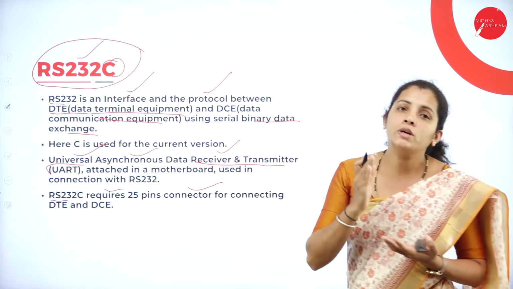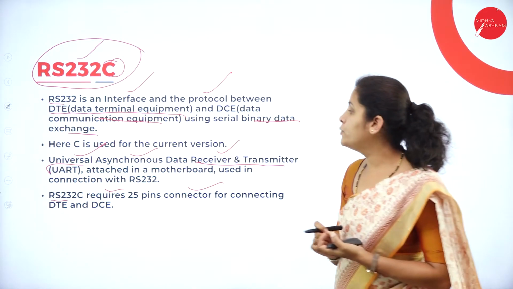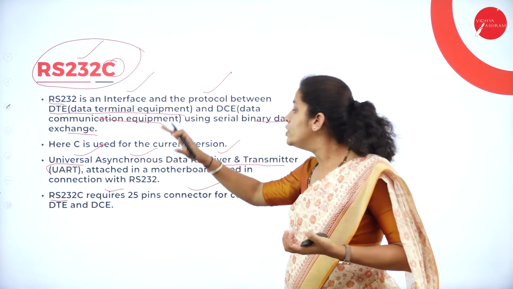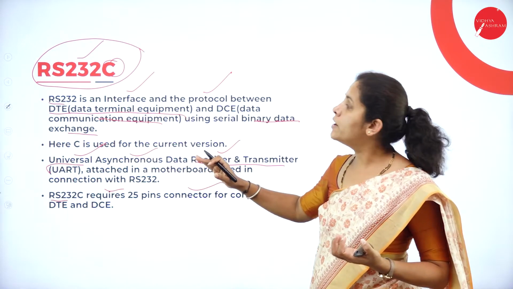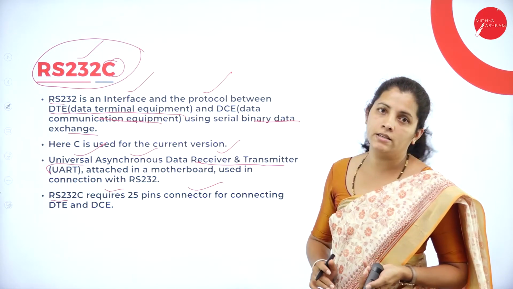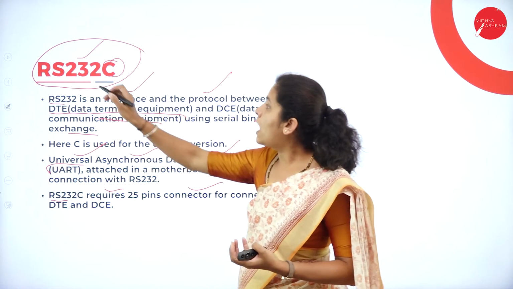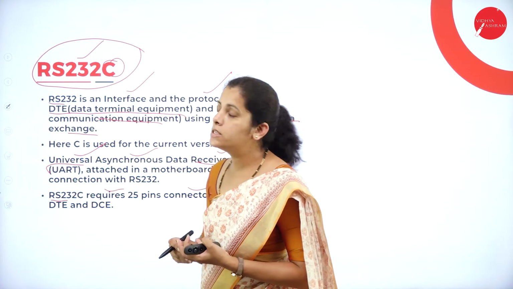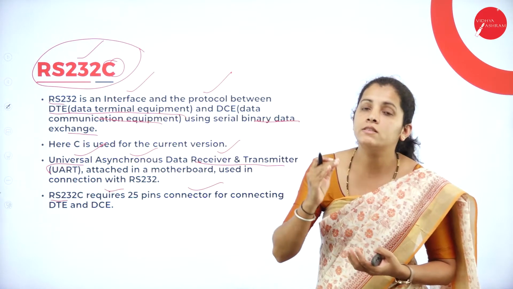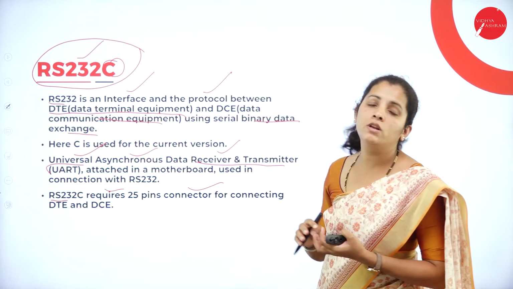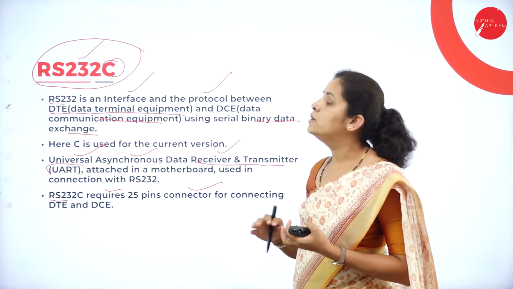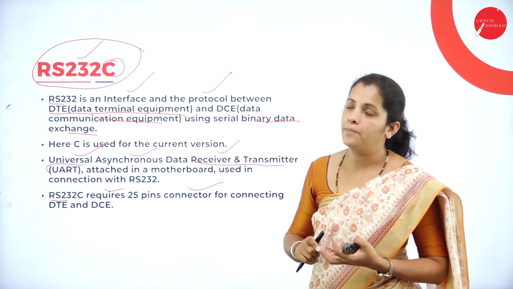Suppose you want to connect data terminal equipment and data communication equipment, then you require a 25 pin RS232C connector. RS232C supports serial data transmission. It is a standard or protocol used between DCE and DTE to exchange data.